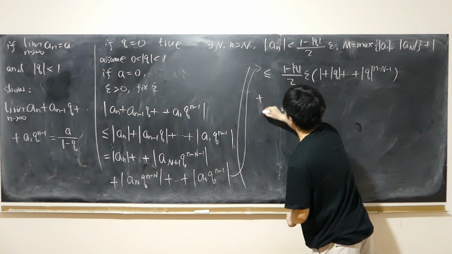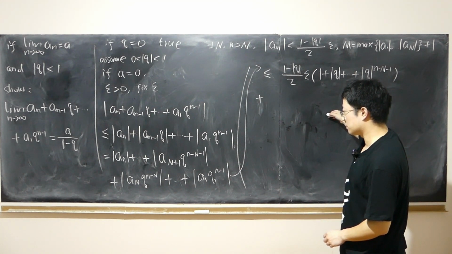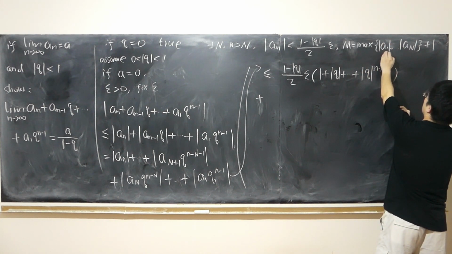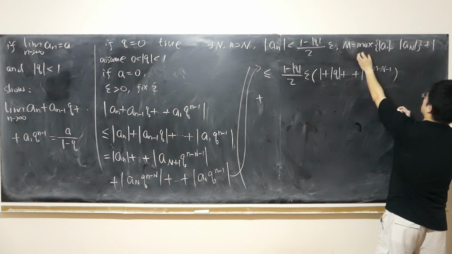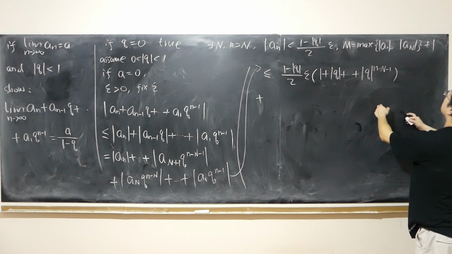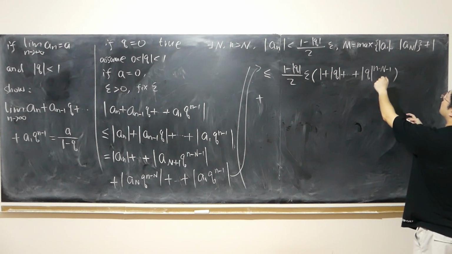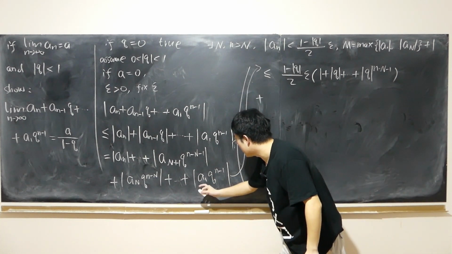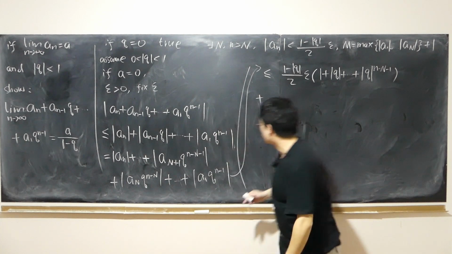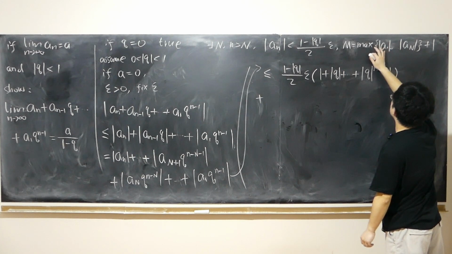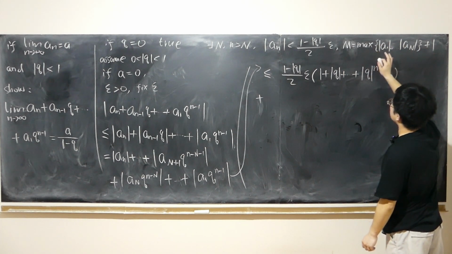And then I'm going to say the maximum of the absolute values of a_1 all the way up to a_N is capital M. Of course, every a_1, a_2, a_N replaced with the maximum is loosened, and if I say maximum plus 1, you can loosen further.